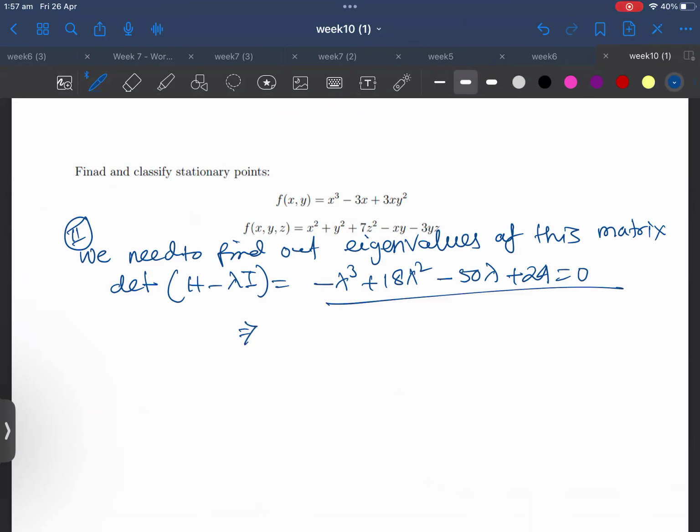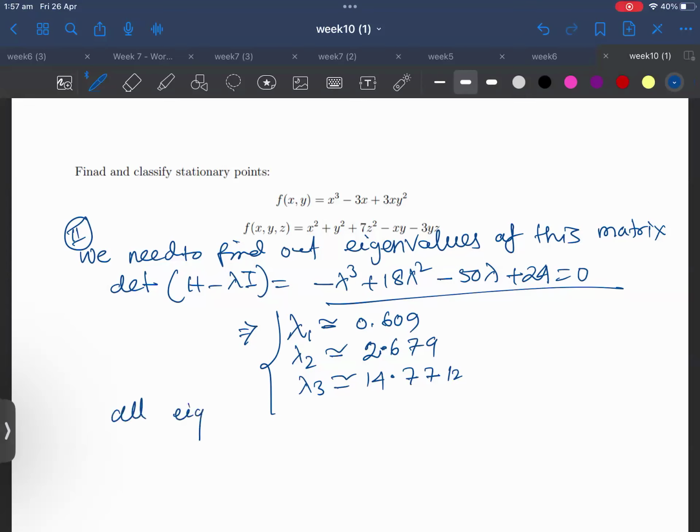After solving it, we can find lambda 1 approximately 0.609, lambda 2 is 2.679, and lambda 3 is 14.7712. So if you look at that, all the eigenvalues are non-negative.